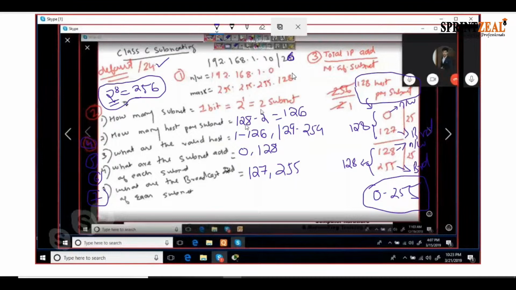You first solve and then I will help you. Question number 2: 192.168.1.10/26. Take 10 minutes and solve this. You can take help of this sum. I'm on mute and I'm coming in 1 minute. You start solving and follow the steps.